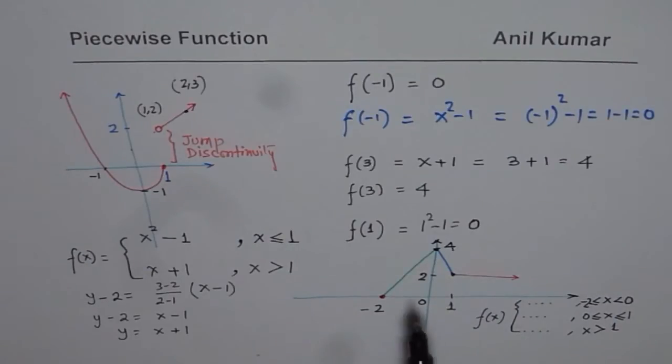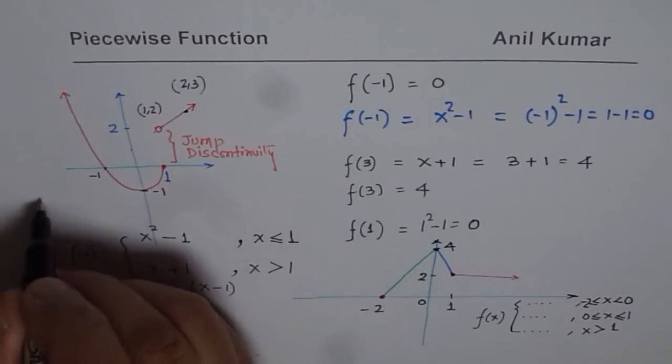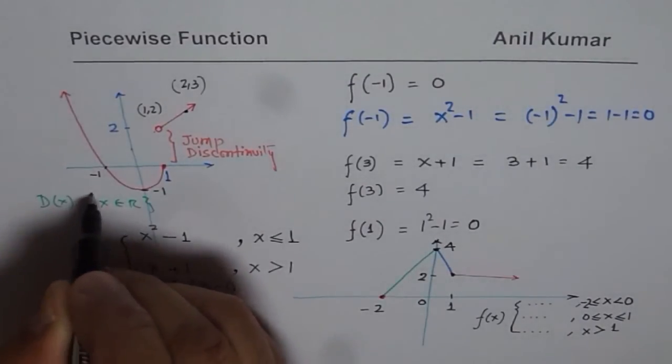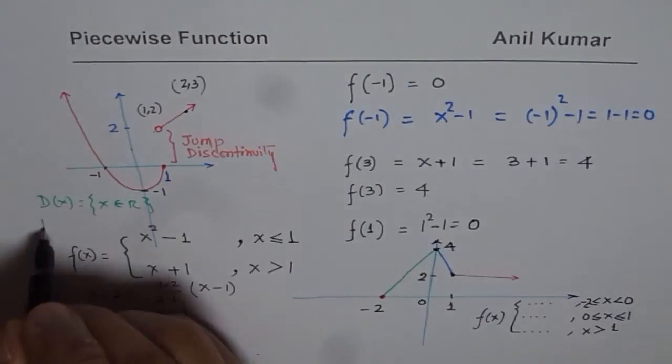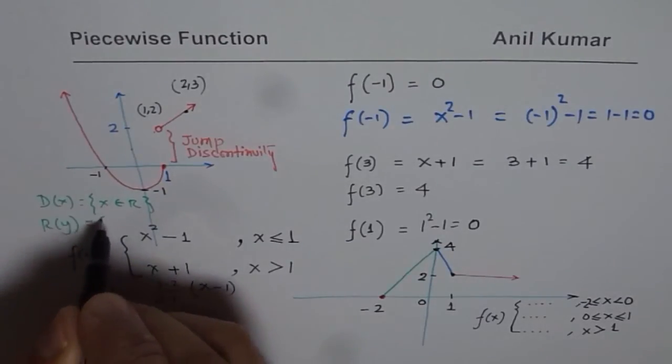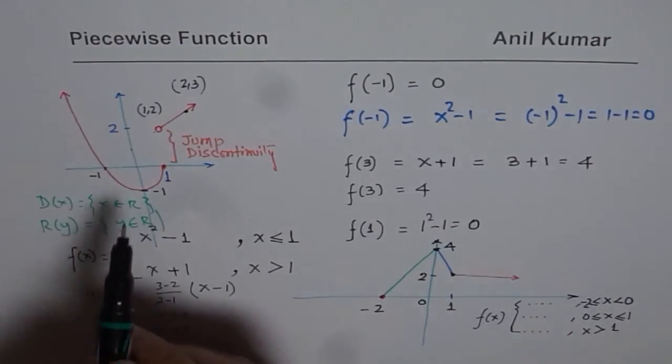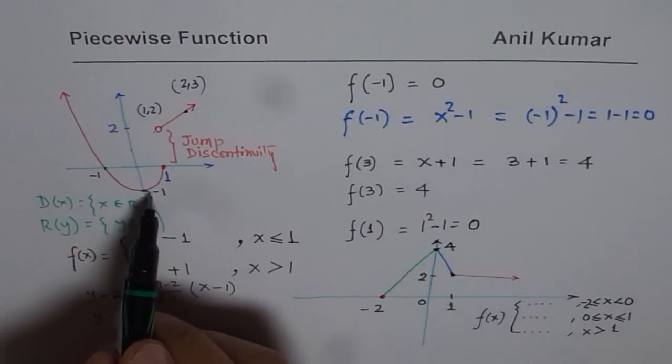And for this particular function, I would like you to also mention what is the domain and range, right? Now here, the domain is x belongs to real numbers, right? All real numbers are included. However, the range in this particular case is y belongs to real numbers, where y is greater than equal to -1.